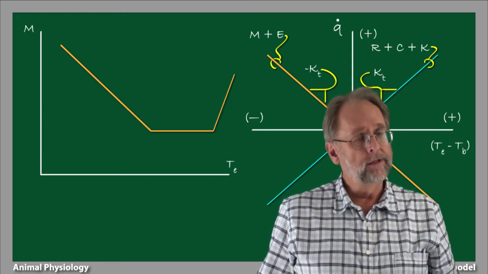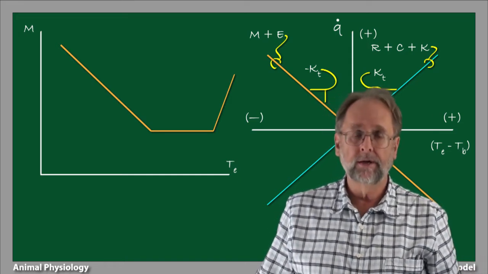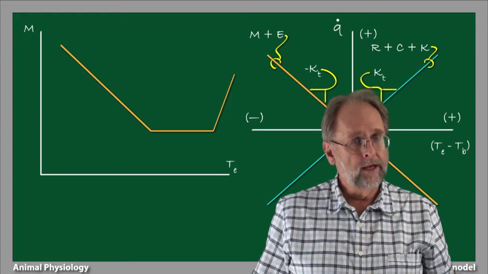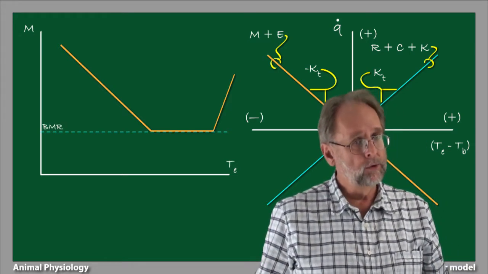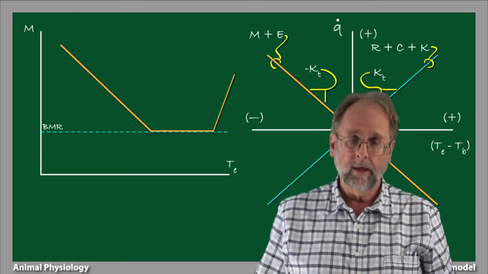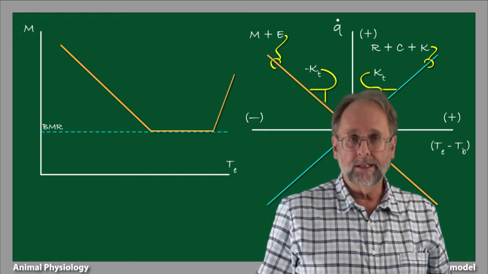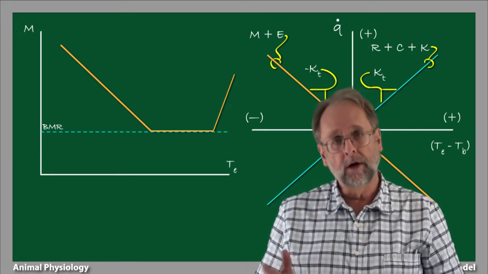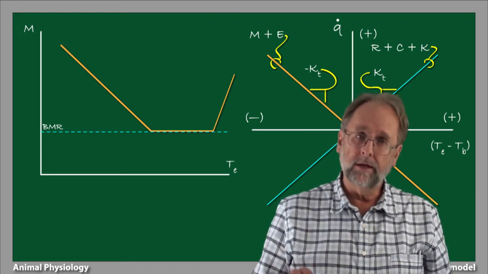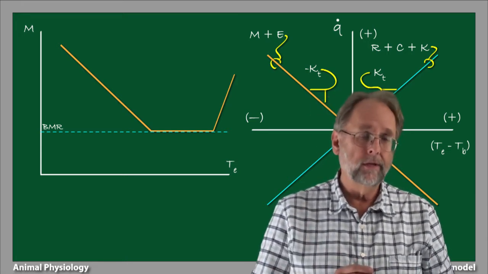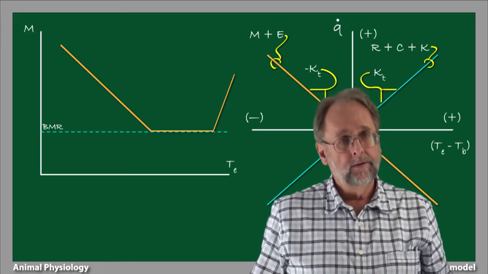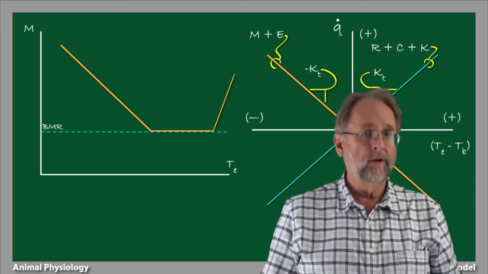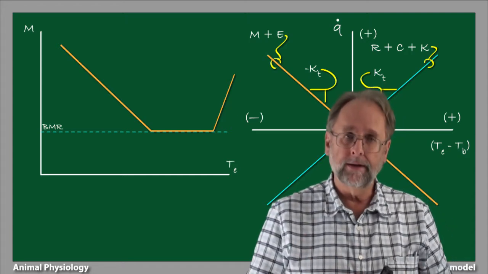There's a linear decline of metabolic rate with increasing environmental temperatures, down to a baseline metabolism known as the basal metabolic rate, or the BMR. There, the metabolic rate stays level up to a certain environmental temperature where it doglegs up into another linear increase of metabolism. There are a few other geographic points on this curve that need to be defined.